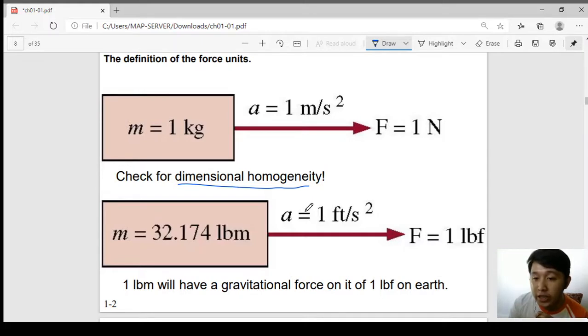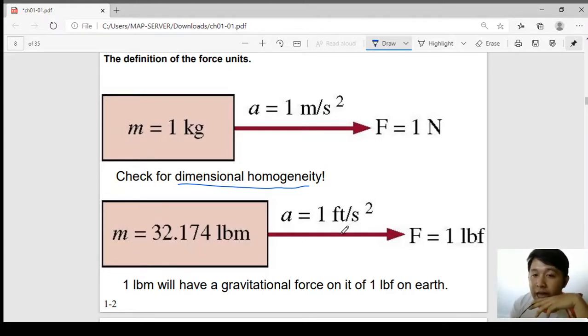You can read more about dimensional homogeneity in the Cengel and Boles book. In simpler words, dimensional homogeneity means the units of the terms in an equation must be the same. You cannot mix pound mass in an equation and then have an answer in Newton. It should still be pound force.